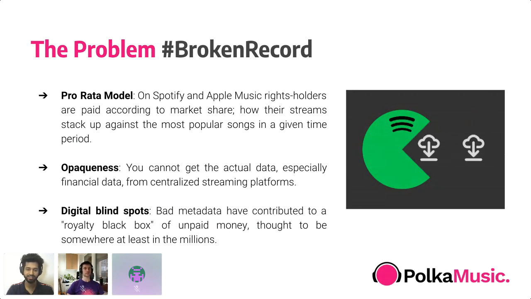Technically, if Urban is paying a $10 subscription fee, at the end of the month those two artists should be getting $5 each, right? But in reality, his $9.99 is distributed to Justin Bieber because he gets most of the streams, and the $0.01 is distributed to those two artists he actually listens to, whereas Urban never listened to Justin Bieber. So that's the pro rata model problem.